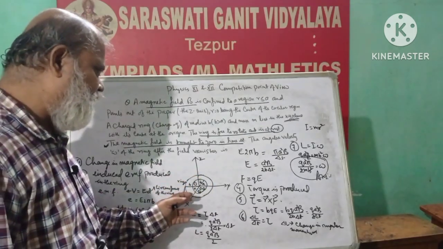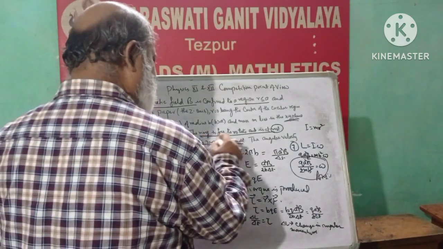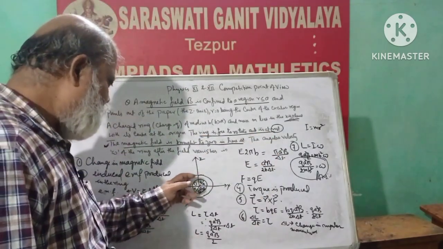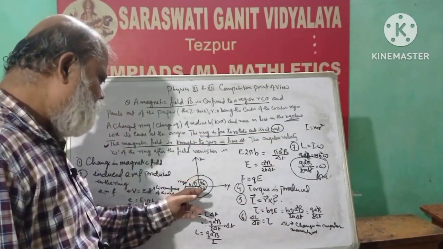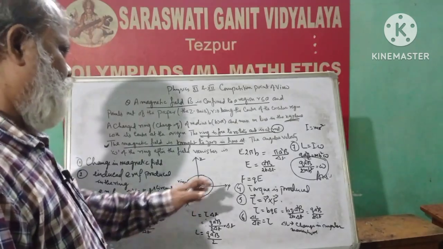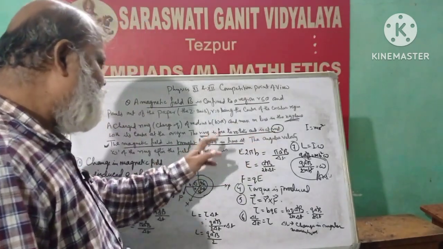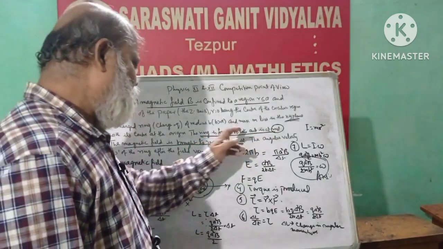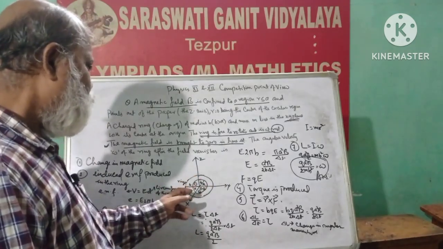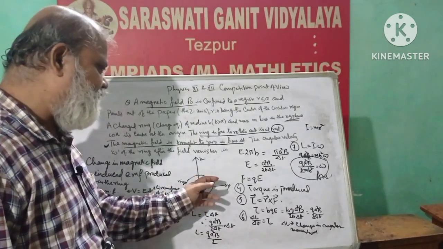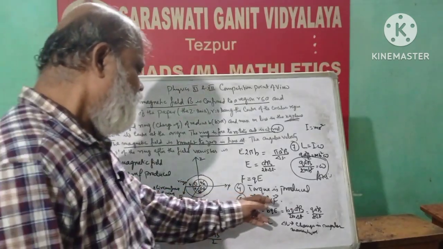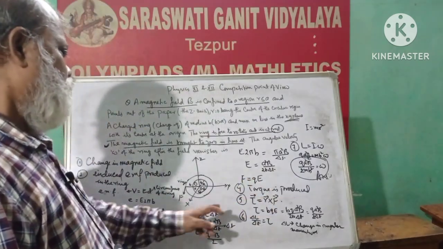And when there is an electric field, here it says the ring is free to rotate. That means there is a torque. When there is a torque, therefore there is r cross f.